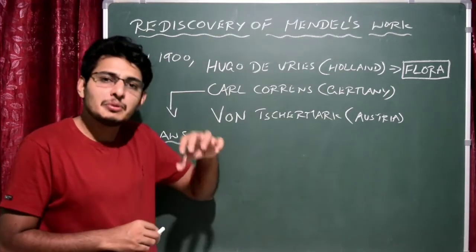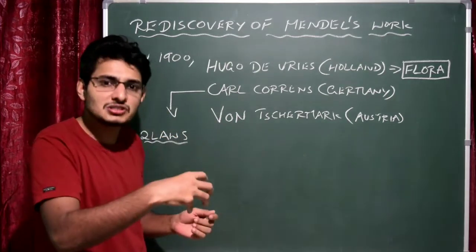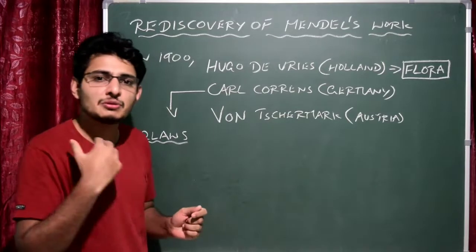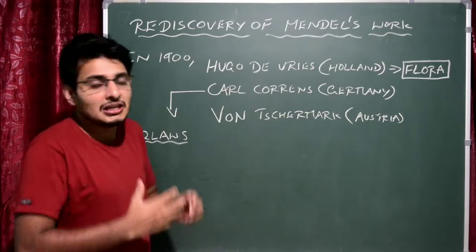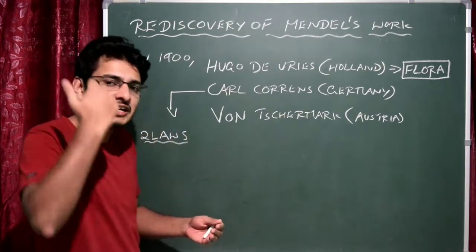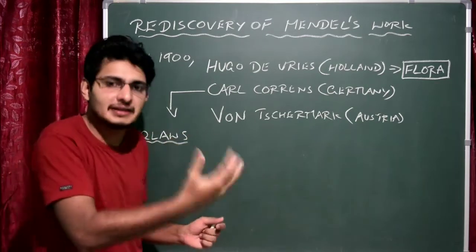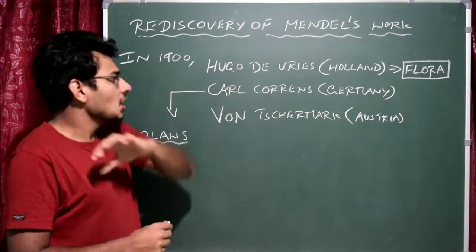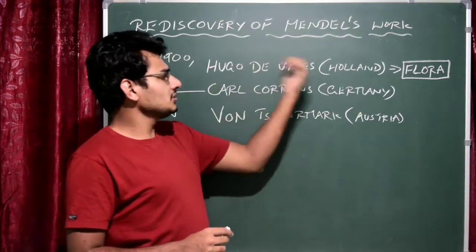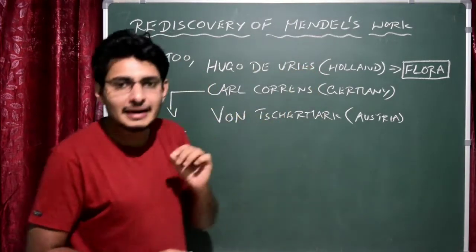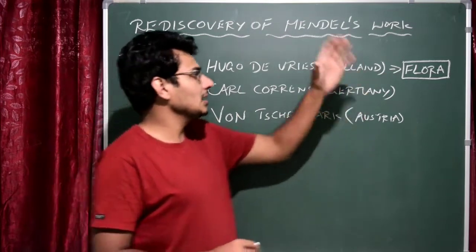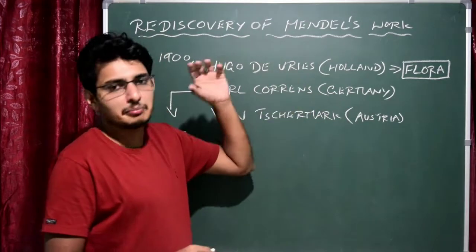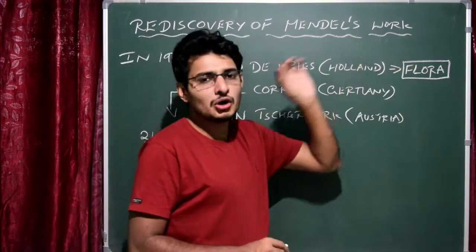Then people came to know that something must be there within an organism that is responsible for the expression of characters. Then genes and genetics as a topic started and got publicity from that period onwards. Particularly Hugo de Vries republished Mendel's article in a book called Flora. Just remember it.